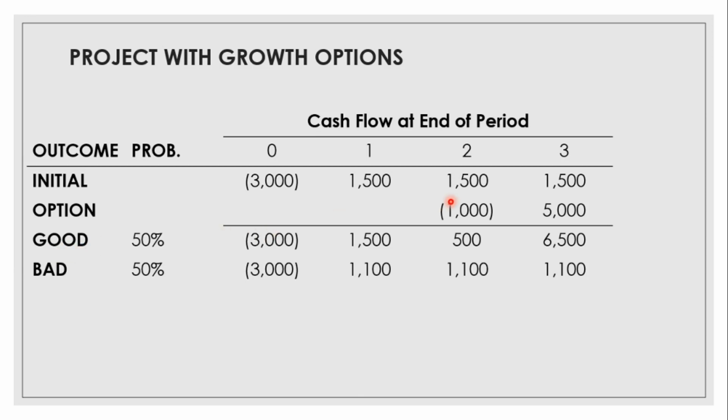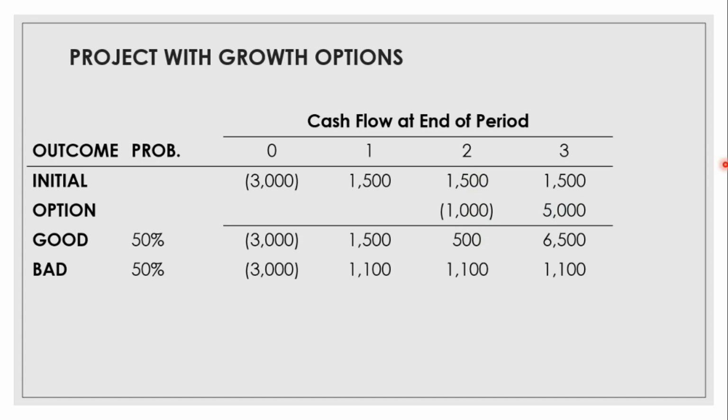So in year 2, they have an inflow of 1,500, but since they saw in year 1 that the project is good, they have an additional inflow of 1,000. And so the net cash inflow for year 2 is 500.